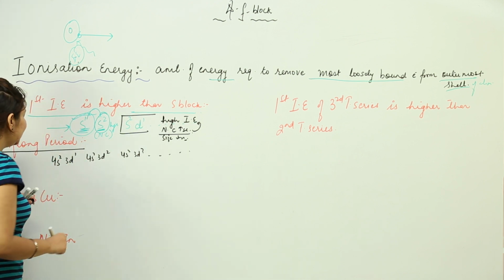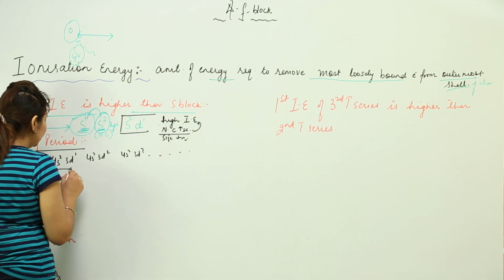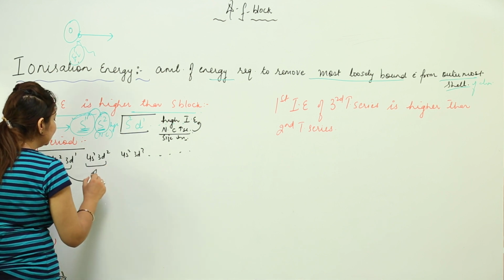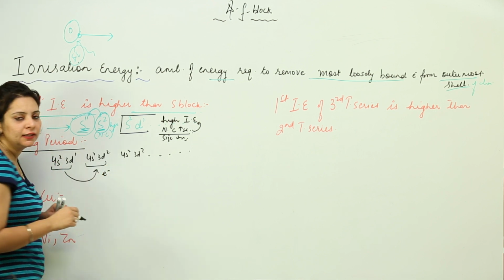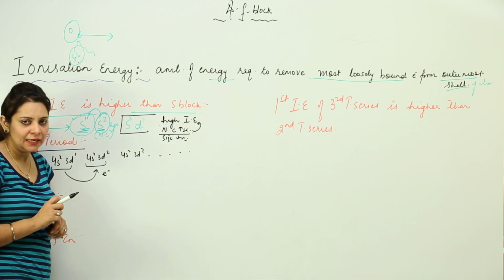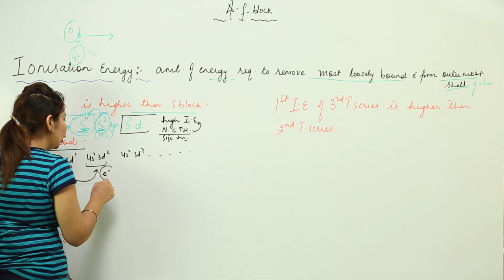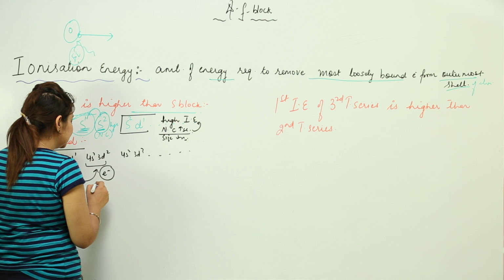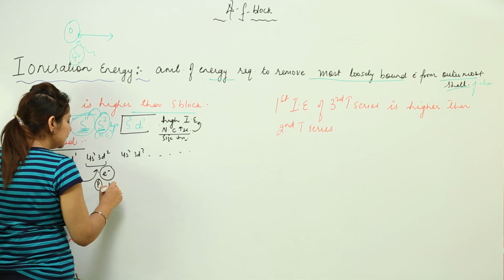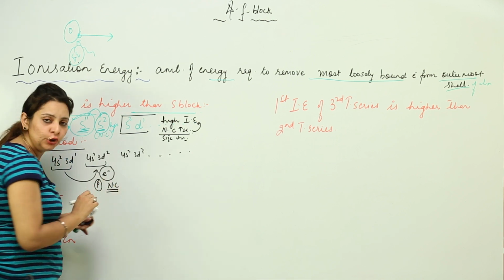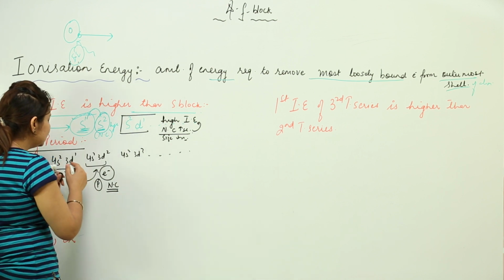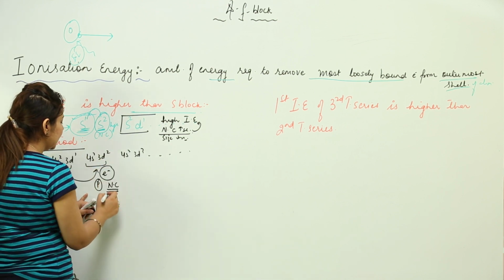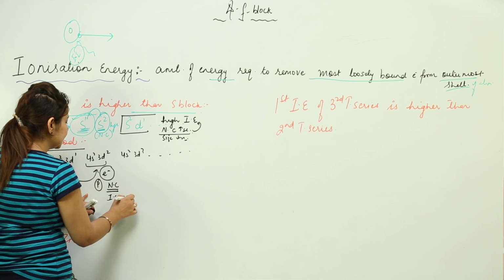When you move from this place to this place, there is an increase in electrons, and as the electrons increase, the protons also increase. So there is an increase in the nuclear charge, right. So ionization energy is somewhat more; in this case the ionization energy is high as compared to the previous one.